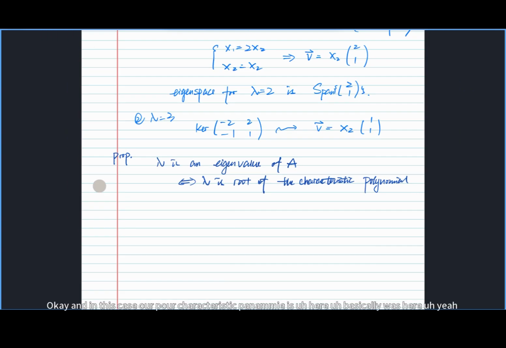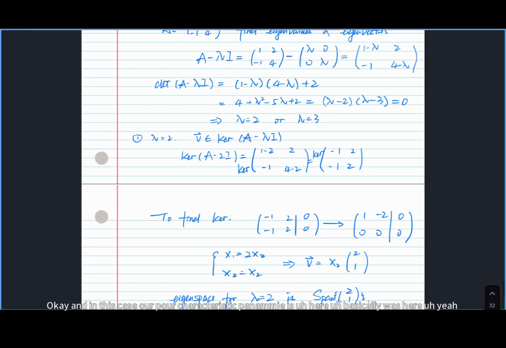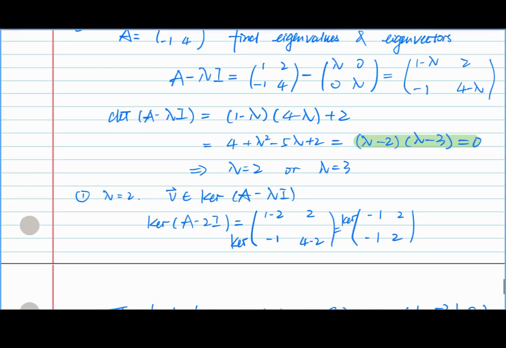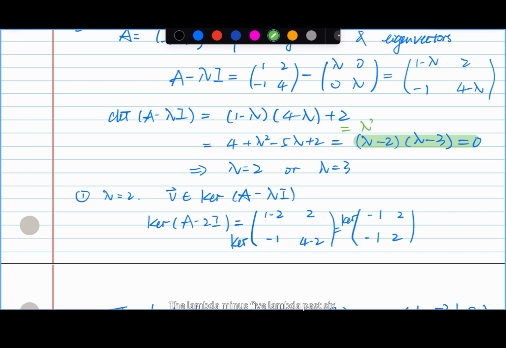Okay, and in this case, our characteristic polynomial is here. Basically it was here. Yeah. Lambda squared minus 5 lambda plus 6.